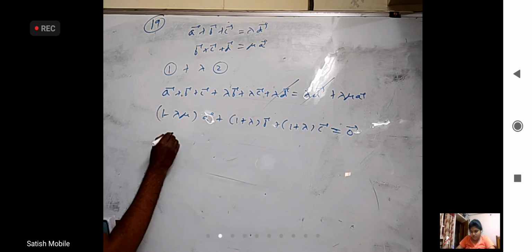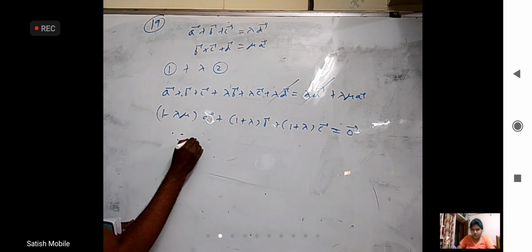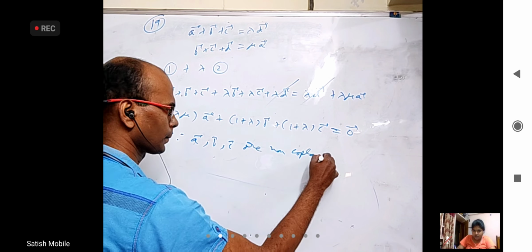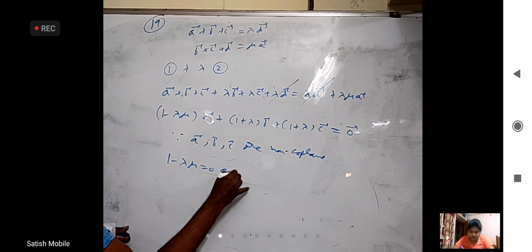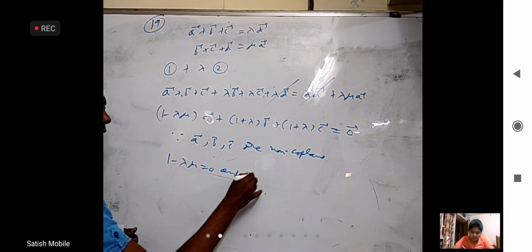So since a bar, b bar, c bar are non-coplanar, 1 minus lambda mu is 0, and 1 plus lambda is 0, and 1 plus lambda is 0 again. You will get lambda equal to minus 1, put that here. Anyway, you get lambda mu equal to 1 and lambda equal to minus 1. That is lambda equal to minus 1 and mu equal to minus 1.